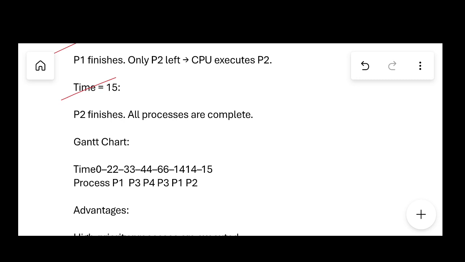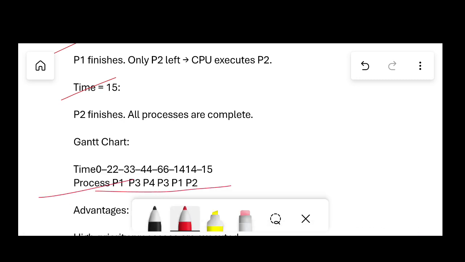If we draw a timeline, it looks like this: P1, then P3, then P4, then P1, then P2. Notice how the CPU always gives priority to the highest priority process.